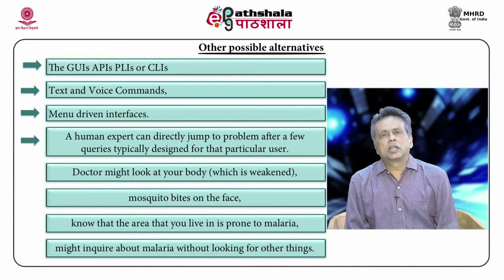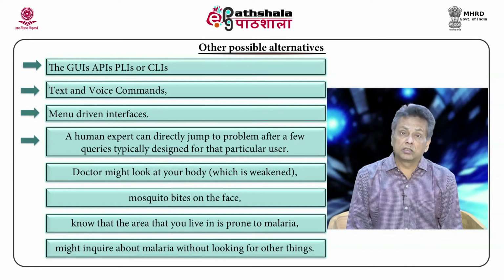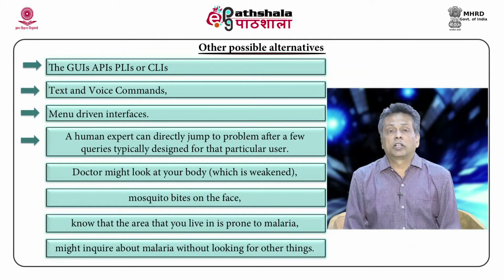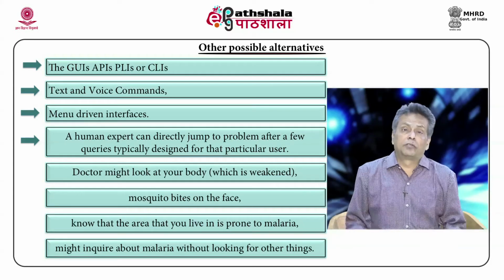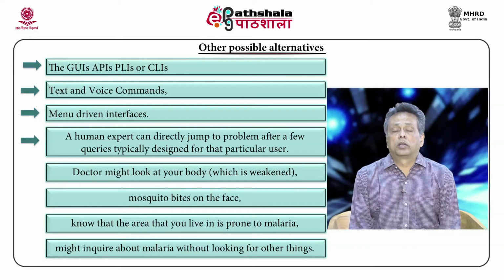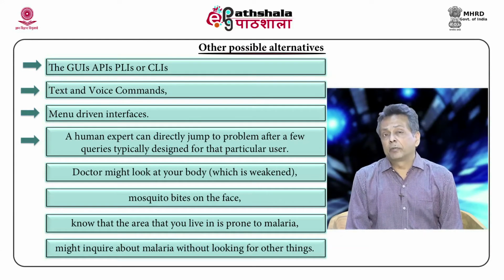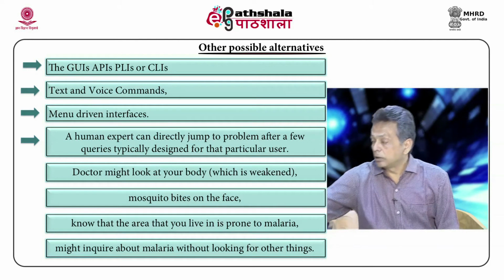He can, without asking a question, conclude that you probably are suffering from malaria, which is impossible for a normal expert system. Okay. So, how to provide that information, how to provide that interface is pretty hard right now. But if that interface also is possible to be provided, the expert system would be able to do a far better job.